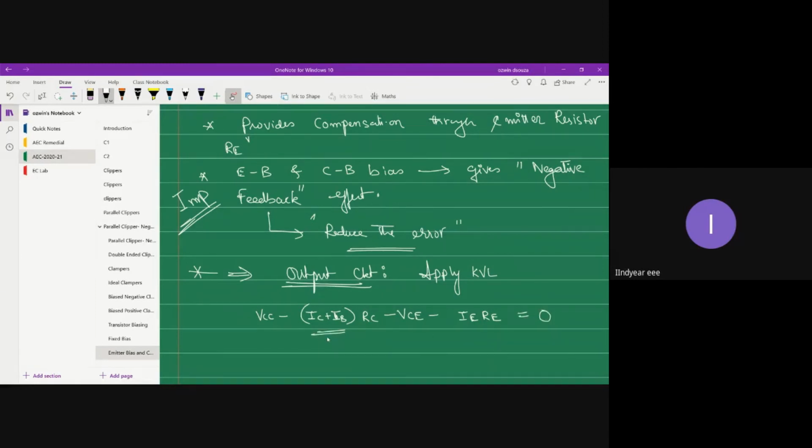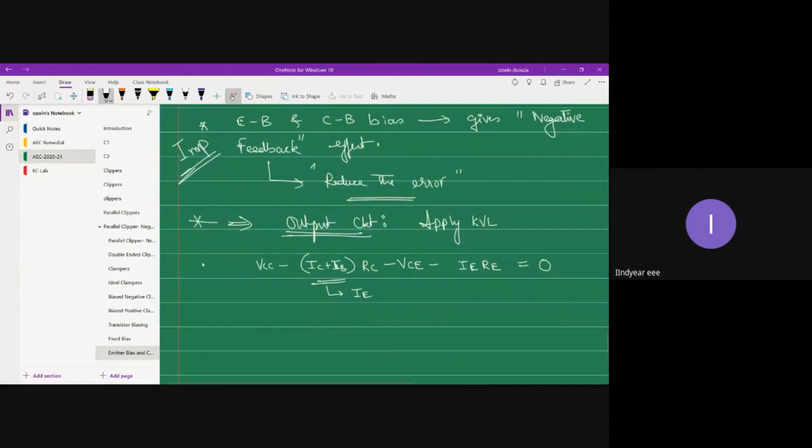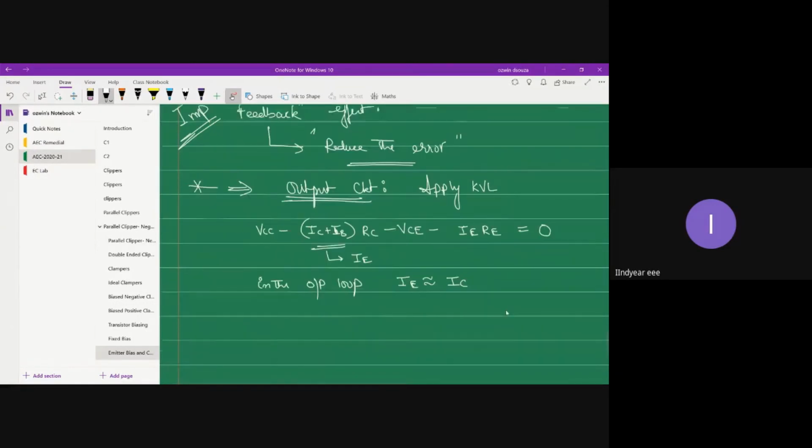So IC plus IB can be taken as IE. Now in the output loop, we can take IE approximately equal to IC.